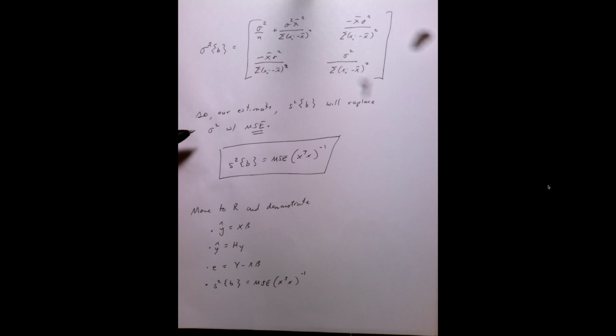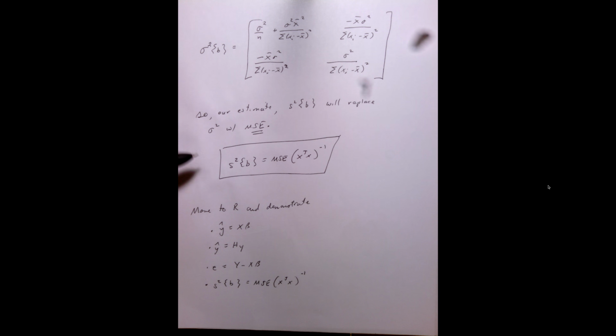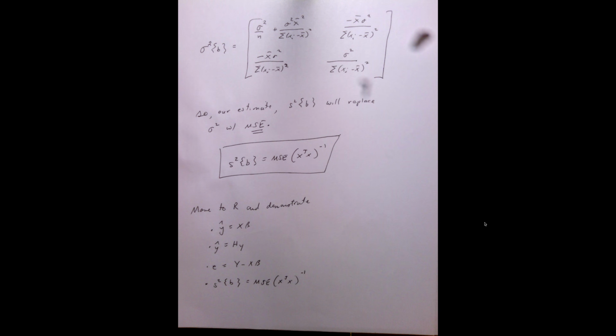So our estimate is going to be the sample variance of B, and we will replace sigma squared with the mean square error. So the variance covariance structure of our betas can be easily found by just taking the mean square error times this matrix. All right, so now I want to move into R, demonstrate these four, and then come back and try to explain what all this stuff really means.